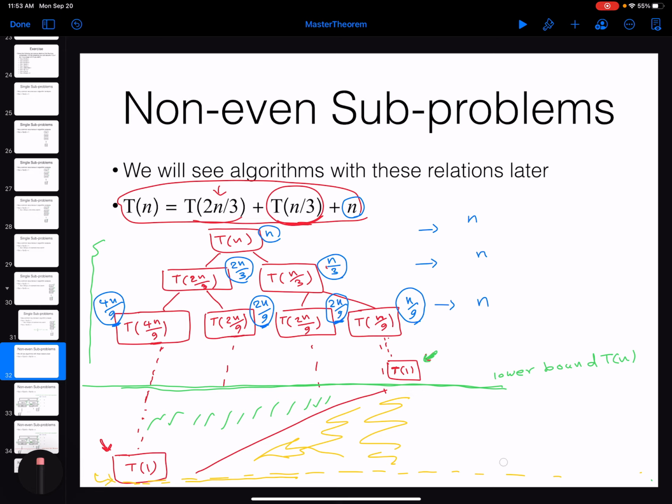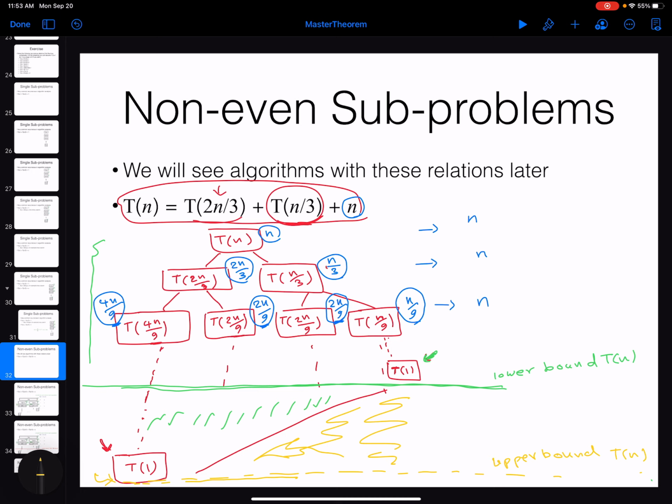So this is going to give me an upper bound for T of n. So I'm going to find a lower bound and an upper bound for T of n.